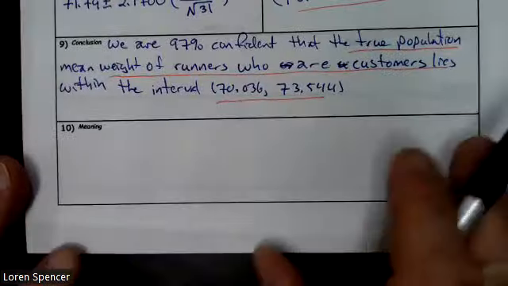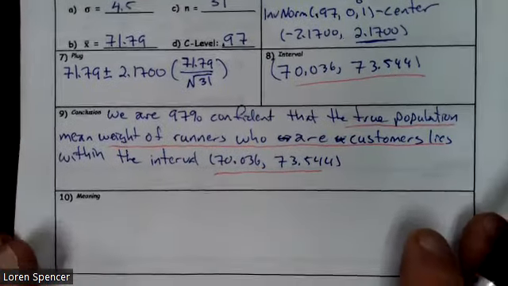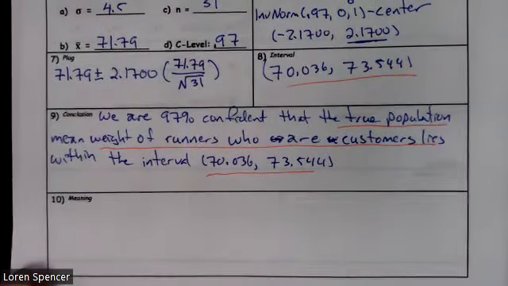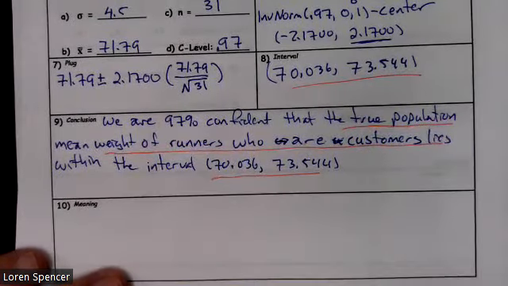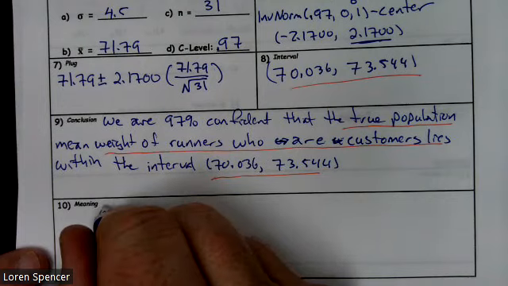It also asks us for the meaning. In other words, we have to interpret the confidence level. That's the one where it talks about repeated sampling, which means if we did it over and over again.